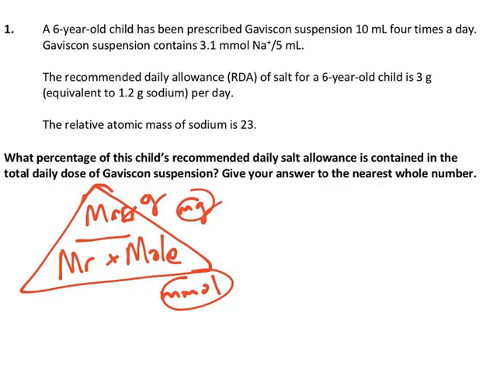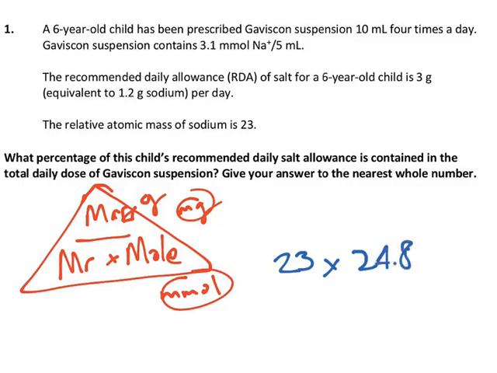So if you plug the numbers into this triangle, we'll get our Mr, which is 23. Sorry, mistake right there. Okay, I'll use a different color. So our Mr is 23 multiplied by our millimoles, which is 24.8.